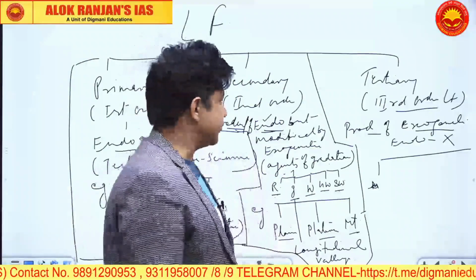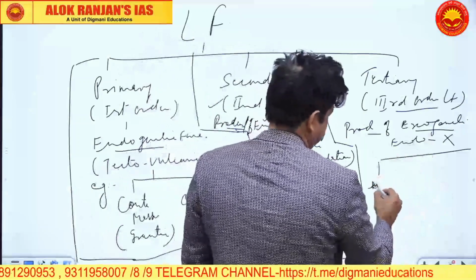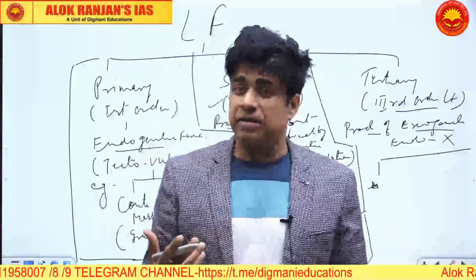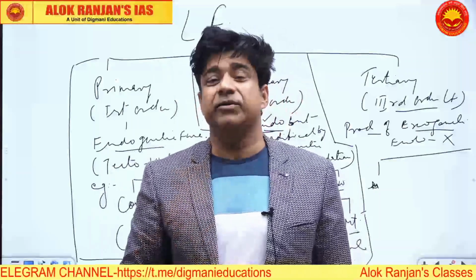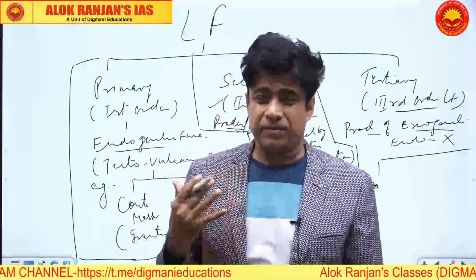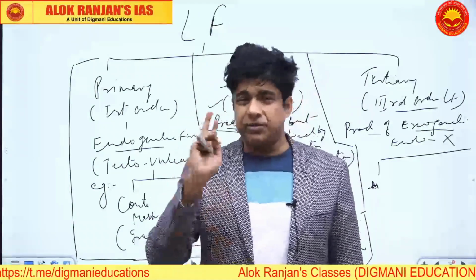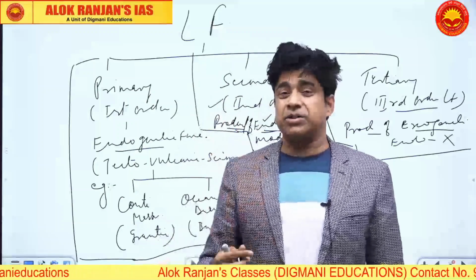So these are the three different orders of landform. Suppose we take the example of a delta. What is a delta? Exogenetic forces did the work. So delta is an example of a tertiary landform.